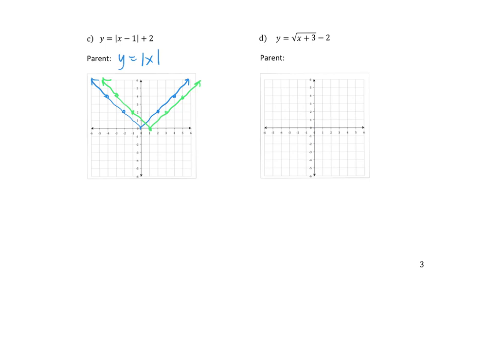The plus 2 would be up 2 units, which means I'm going to go up from here 2 units for each one of the points on the green graph. I will graph this in black so we could see that this would be y equal to the absolute value of x minus 1 and then plus 2.